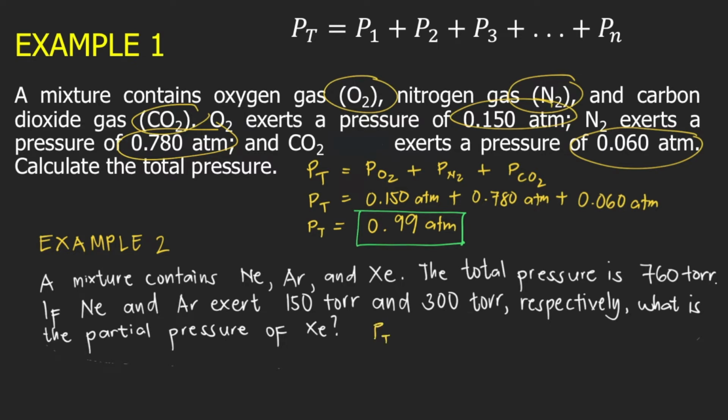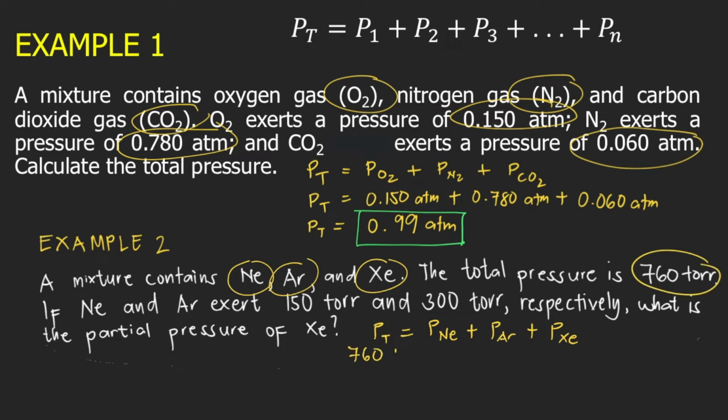P total is equal to the sum of the partial pressures. We have three gases, neon, argon, and xenon. So the total pressure is equal to the partial pressure of neon plus the partial pressure of argon plus the partial pressure of xenon. According to the problem, the total pressure is 760 torr.